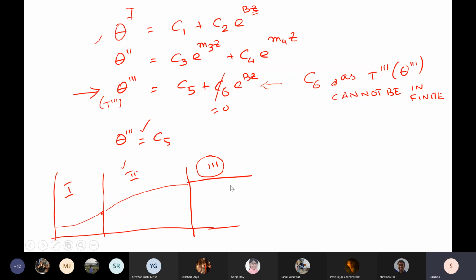And the values of C1, B, M3, M4, etc., as you will see in your textbook, will dictate the shape, and what kind of family of curves you would get for different values of M1, M3, etc. Any question?